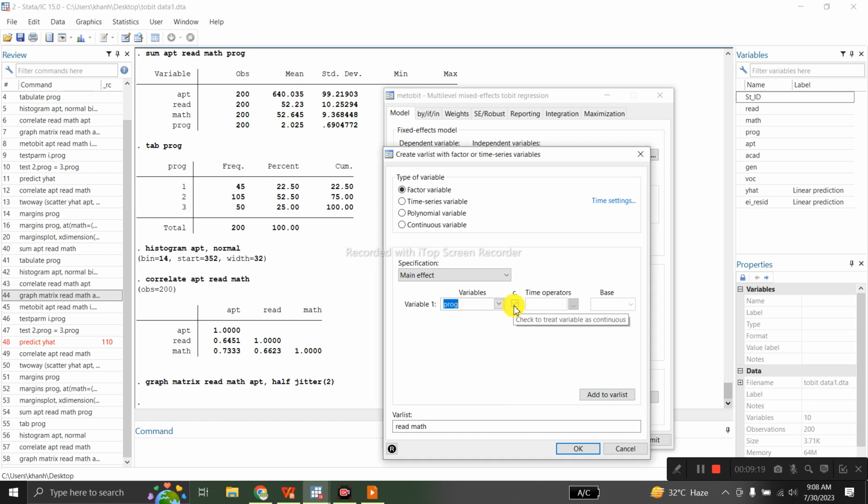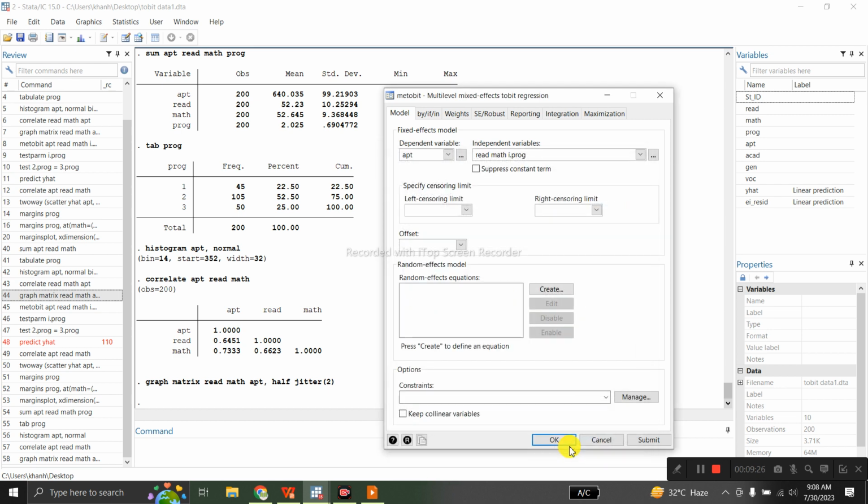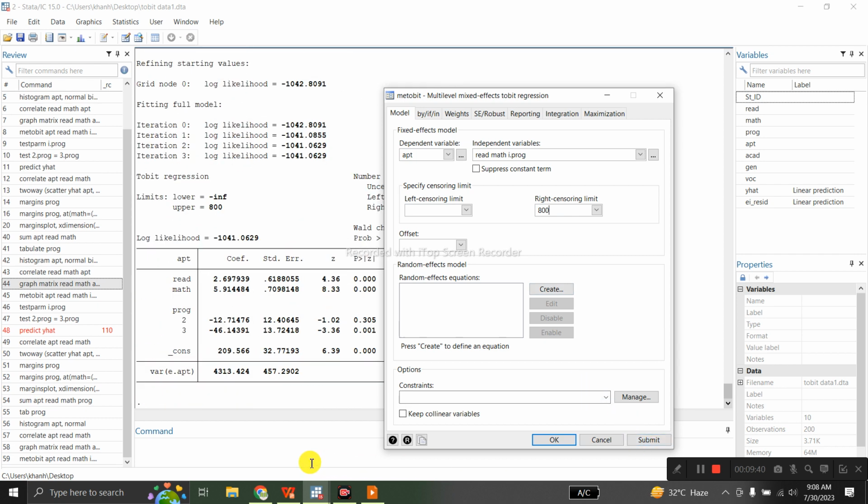Since this is categorical, I will uncheck this and I will add it here. And since there is censoring from above and the maximum score could be 800, so I'll write 800, and after this I'll submit.